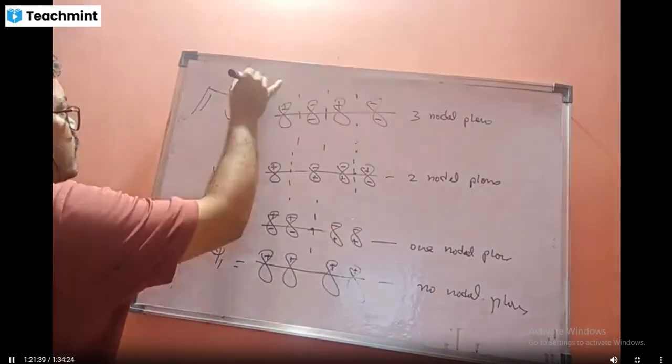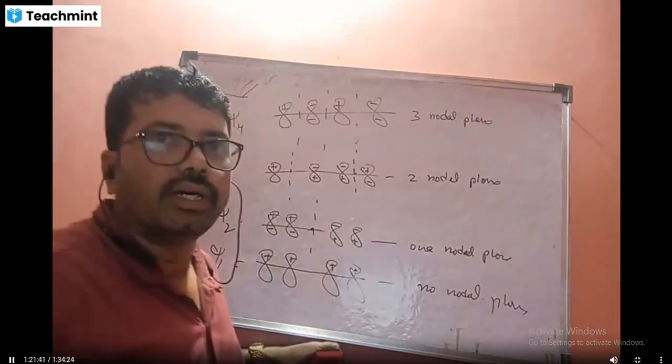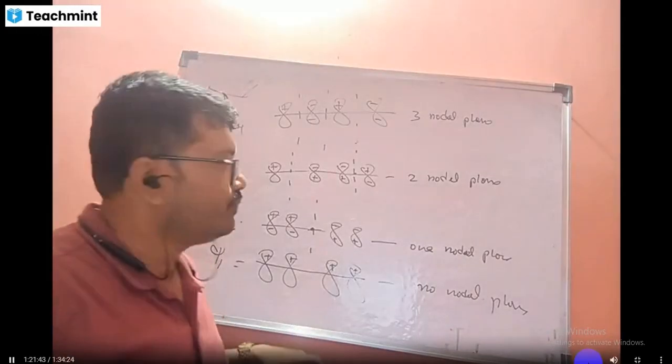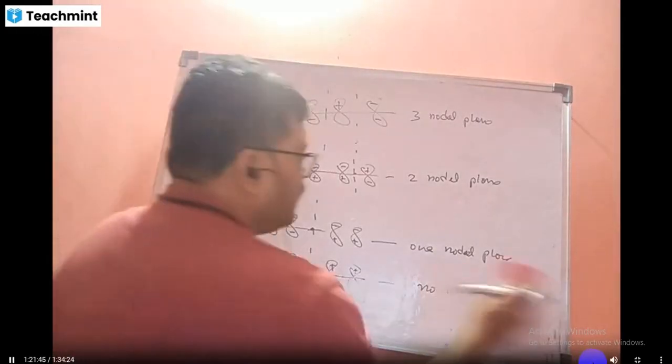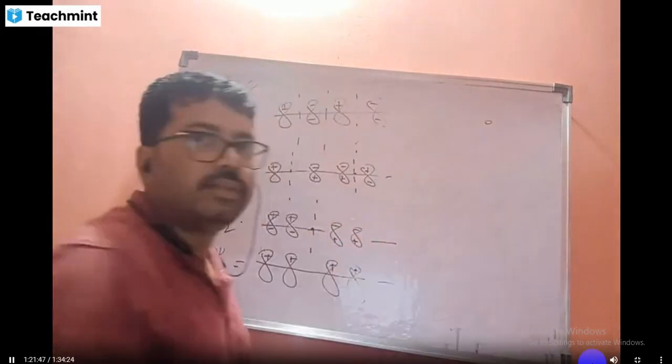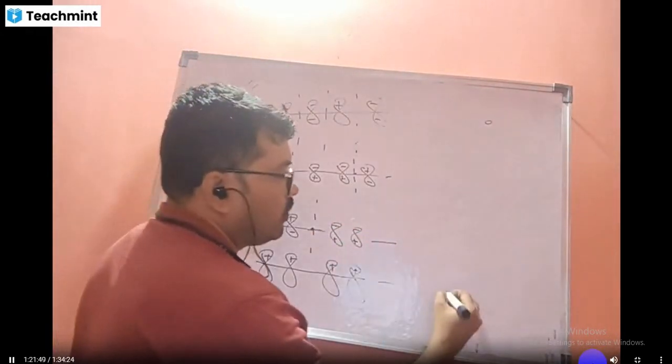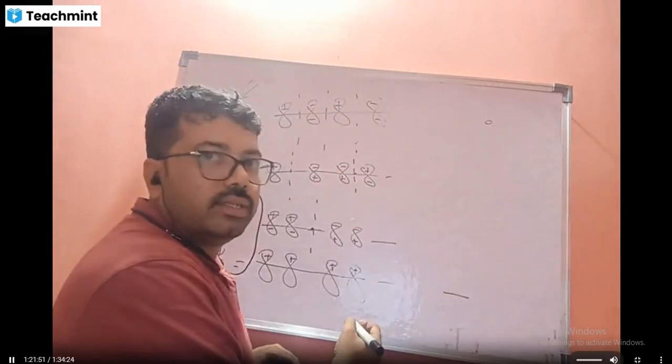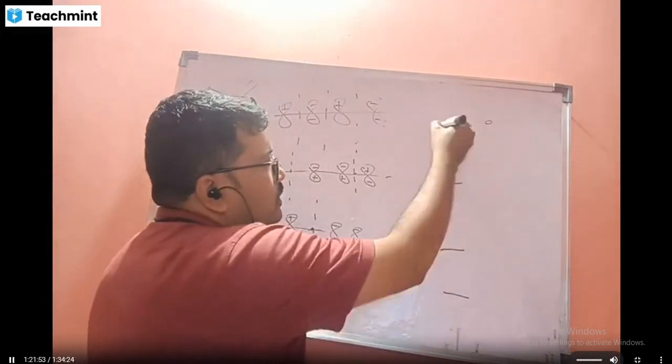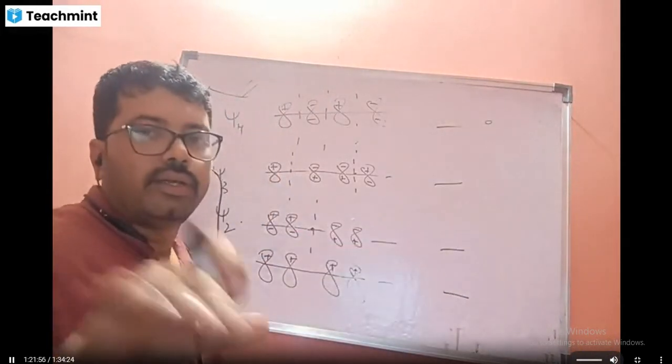This is the molecular chain, 1,3. See, the energy levels can be drawn like this: 1, 2, 3, 4.